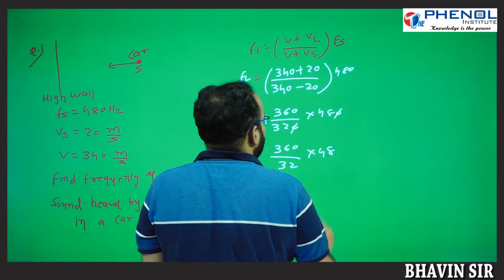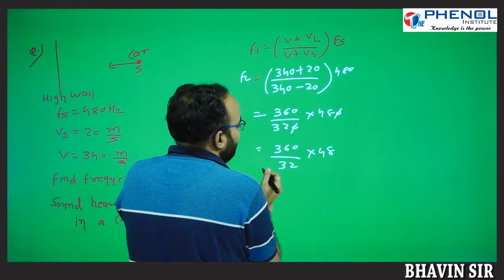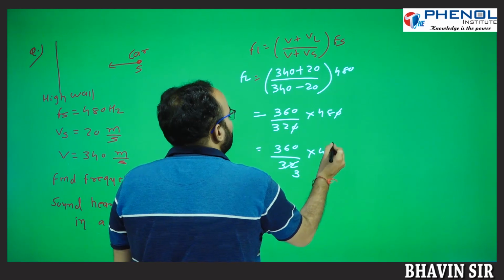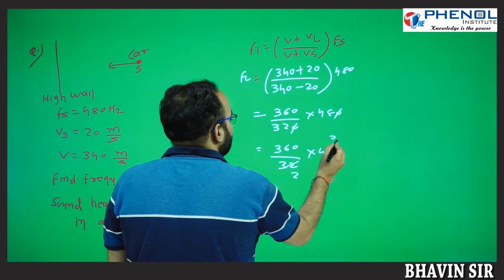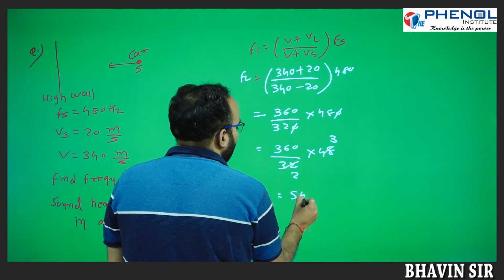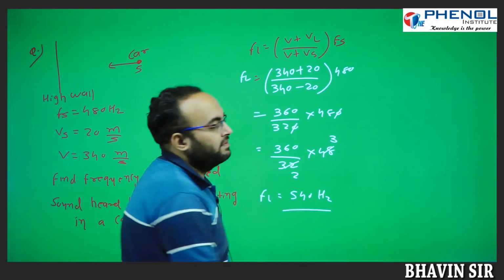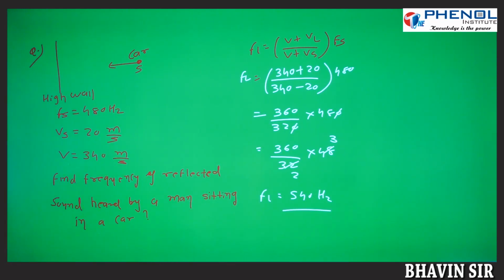So it is cancelled by 8, into 16 into 2, 32, and 16 into 3. So 180 into 3, so 540 hertz. That is the frequency. This is the reflected frequency heard by a man sitting in a car.